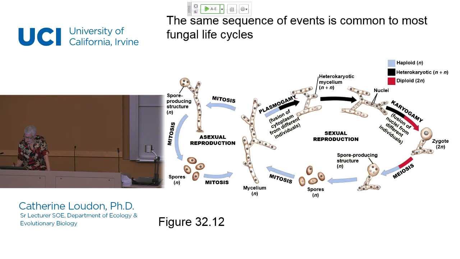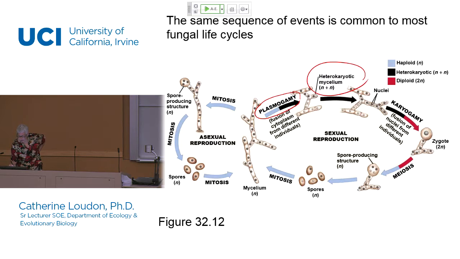I did want to highlight a couple of things that were peculiar to the fungi. I got as far as discussing these two, plasmogamy, when mycelia from two different individuals, two different mating types within the same species of fungus, come in contact with each other.